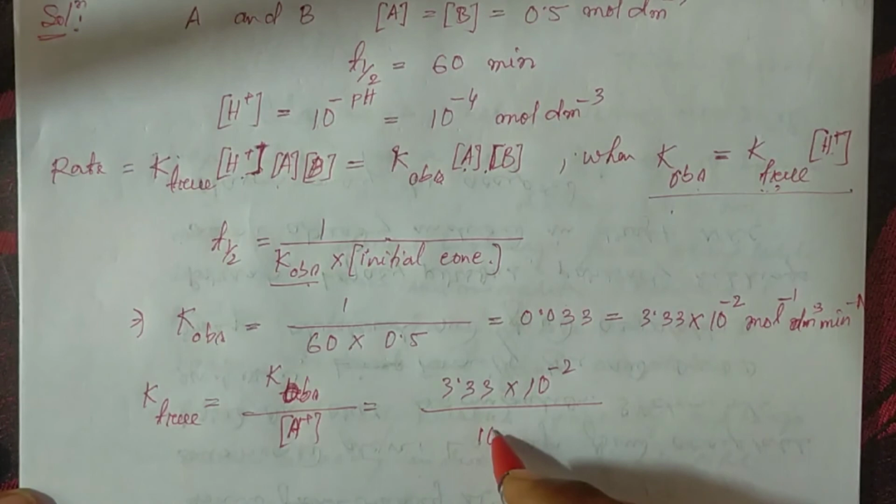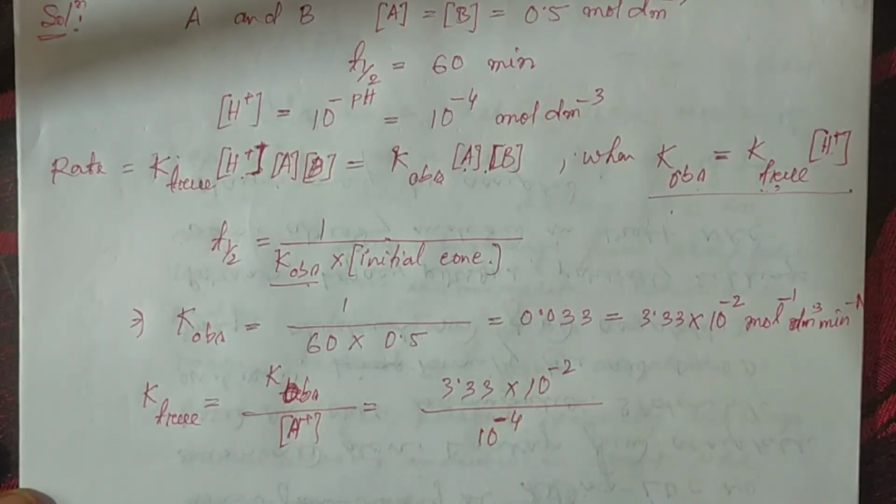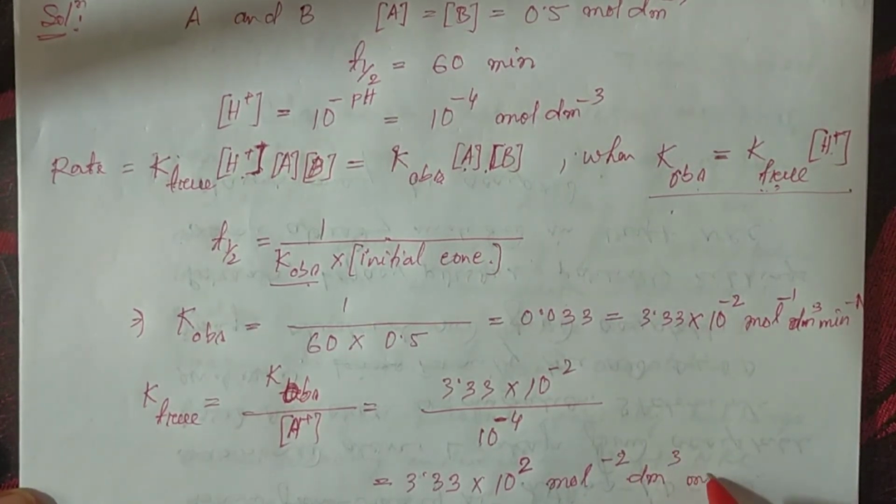So here it is 10 to the power minus 4. Okay, so it will give you 3.33 into 10 to the power 2.